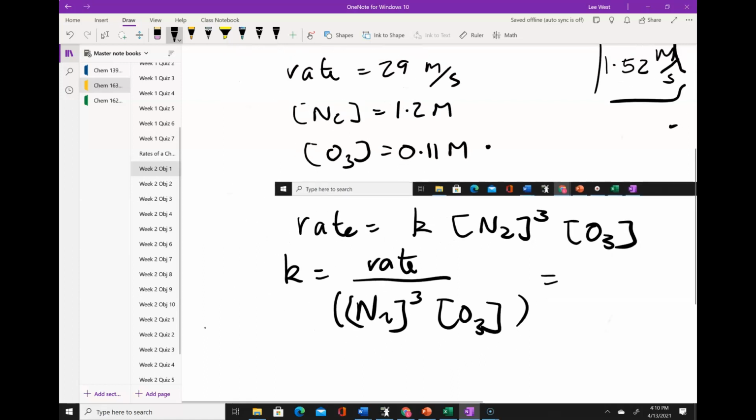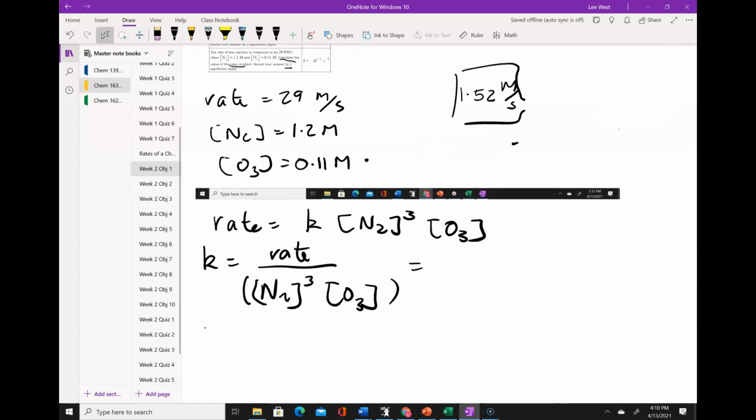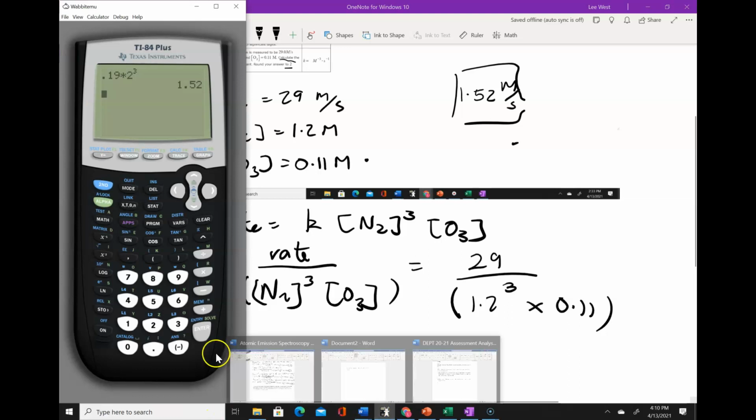So we just got to put all of our numbers in, right? So it is 29 divided by parentheses 1.2 cubed times 0.11. And that'll be our K. And we have to give this to 2 significant figures, and we don't have to worry about the units because the units were already given for us.